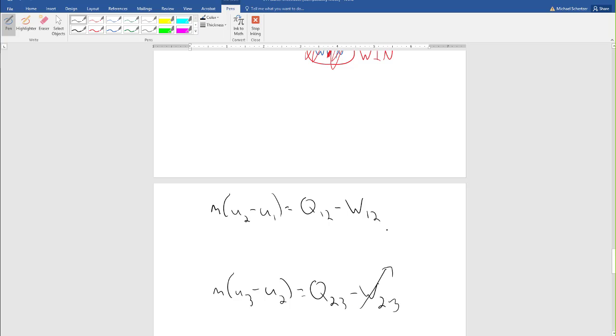The problem told us both times that heat was added. So we expect Q1 to 2 to be bigger than 0, and we also expect Q2 to 3 to be bigger than 0.